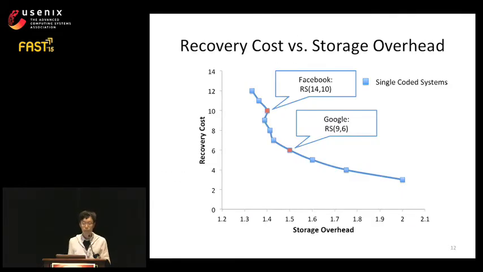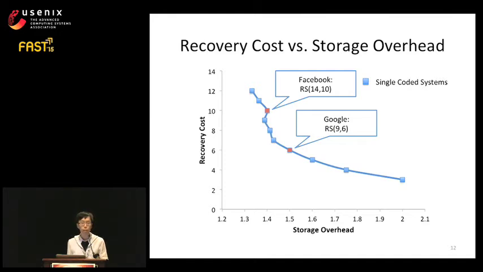Looking at all the existing production systems, most of them use a single erasure code. For example, Facebook and Google are all using Reed-Solomon codes. In this graph, the x-axis is the storage overhead, and the y-axis is the recovery cost, which is the number of blocks that need to be transferred over the network to recover one block.